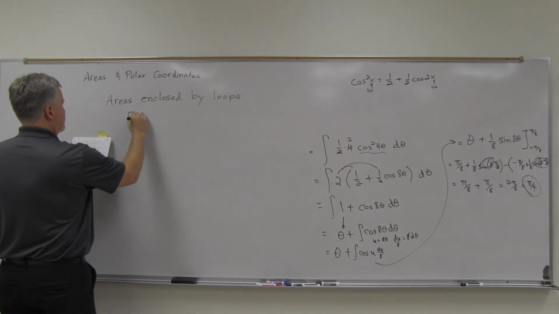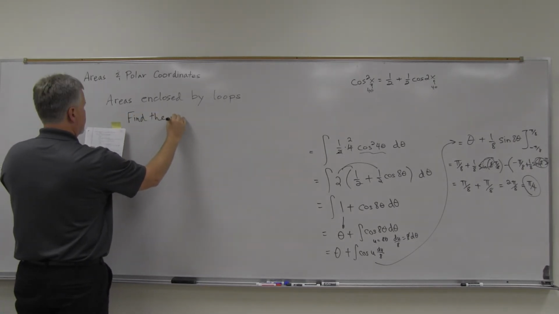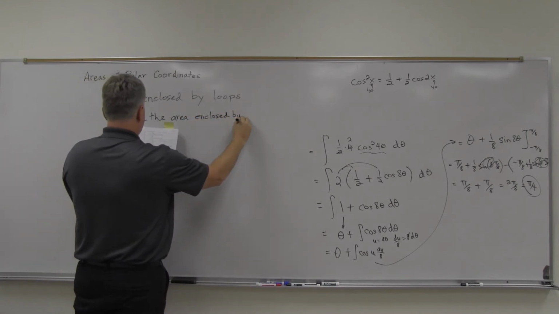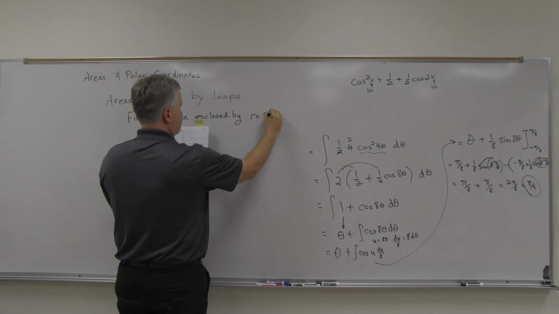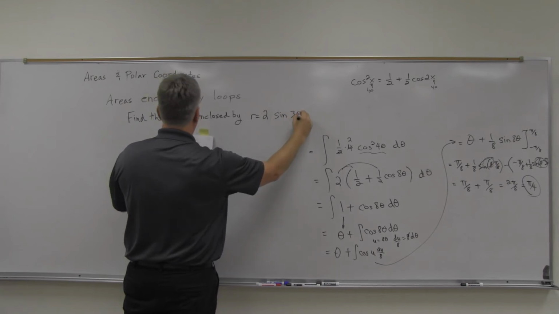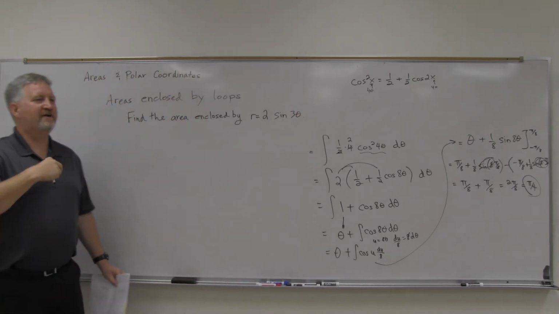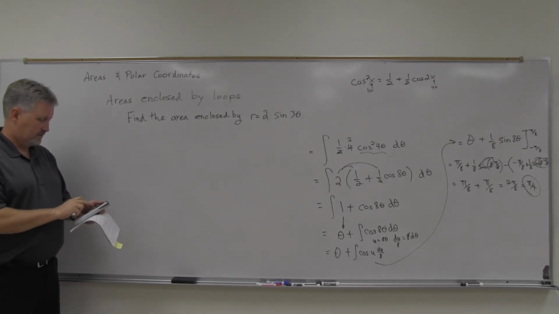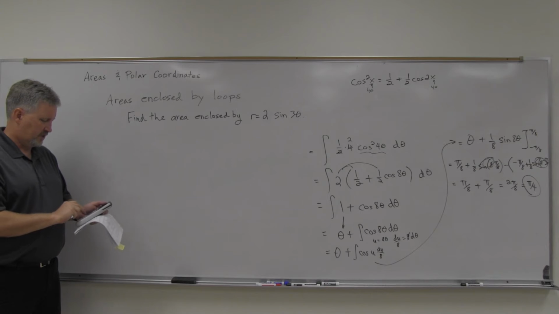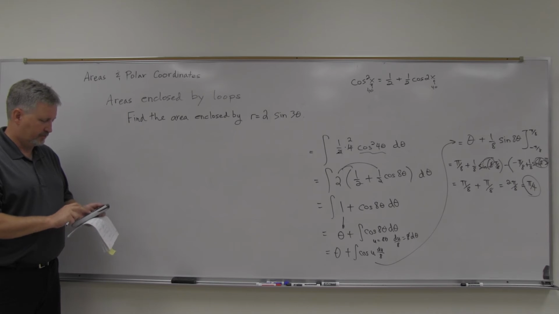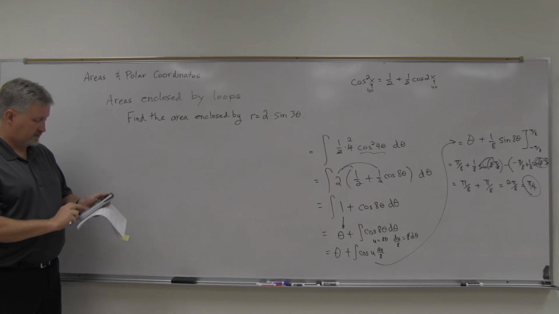So this one's: find the area enclosed by r equals 2 times sine of 3 theta. In other words, find the area of all the loops, which this one, I believe, has 3. Go back to function mode here. 2 sine 3 theta, 3 loops.